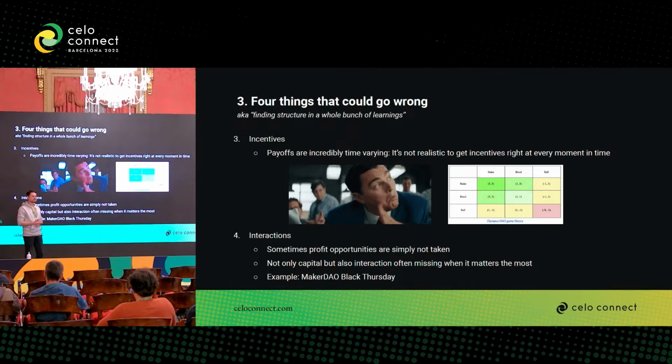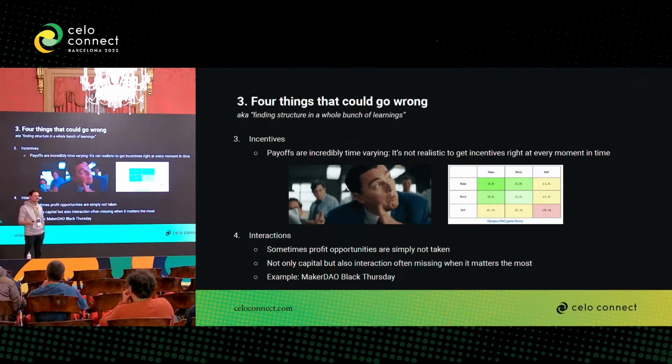You need somebody, for example, to take arbitrage opportunities and run these arbitrage cycles to keep the stable tokens pegged. It seems like a minor point, but if you look at something like the MakerDAO Black Thursday, you see that this was a big part of the problem there. Especially during crisis periods, you just cannot expect that people actually do stuff. They will sometimes shy away from doing stuff because things go crazy, they're confused, they maybe have even bigger problems somewhere else and are trying to spend their time in the best way possible.